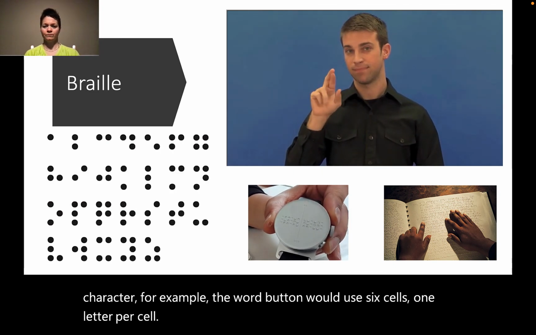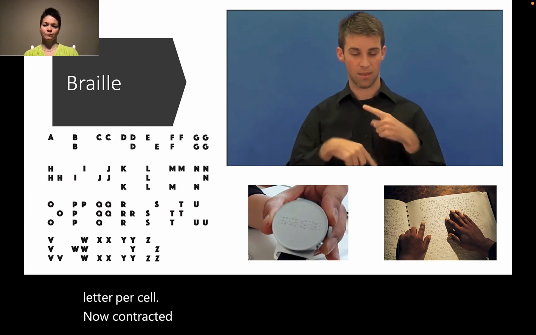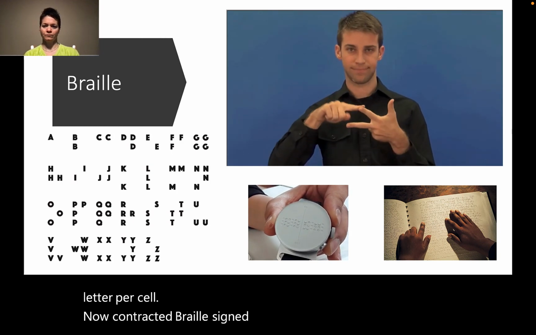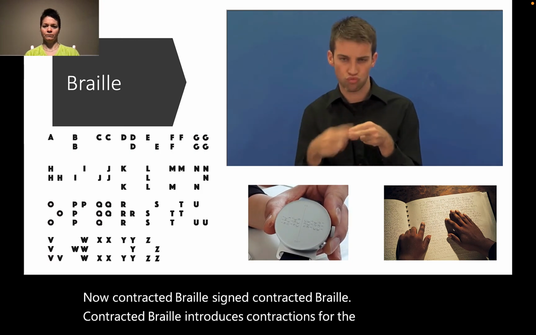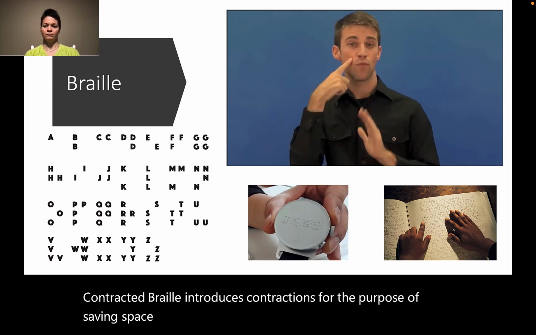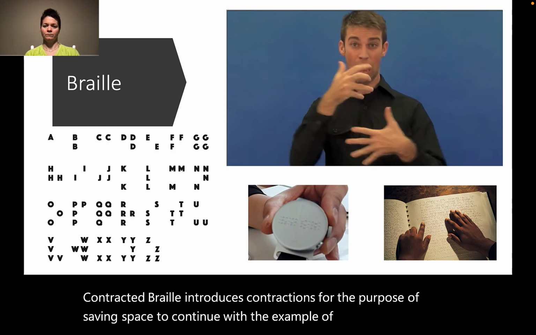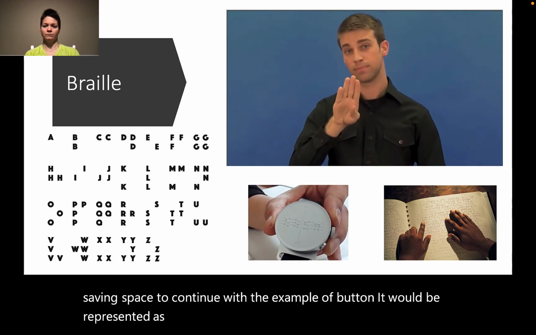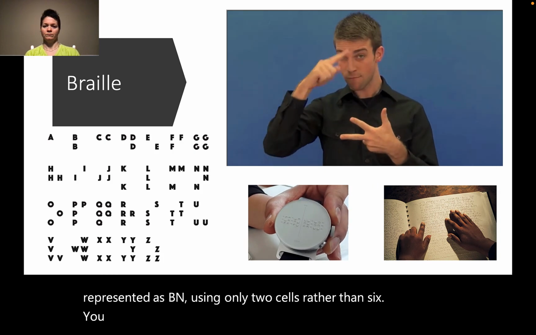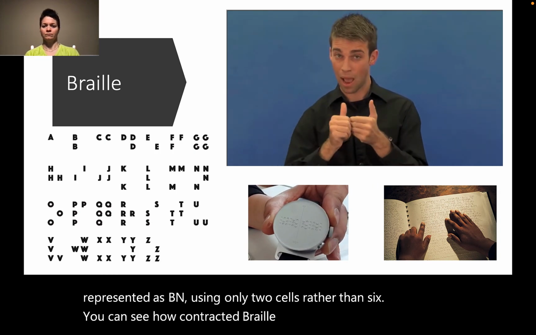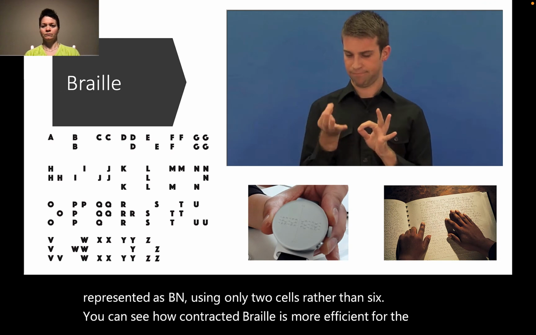Now, contracted Braille, signed, contracted Braille. Contracted Braille introduces contractions for the purpose of saving space. To continue with the example of button, it would be represented as BN, using only 2 cells rather than 6. You can see how contracted Braille is more efficient for the user, saving both time and space.